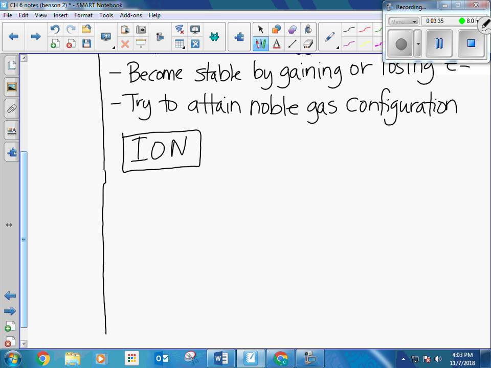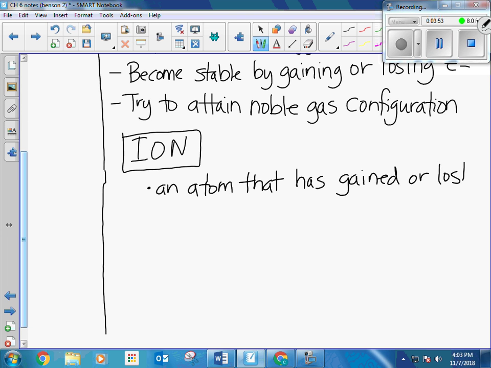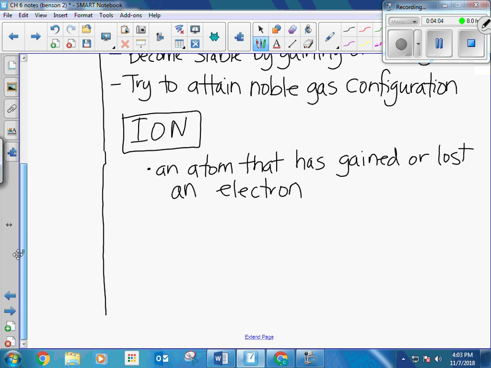Okay, so what's an ion? It's an atom that has gained or lost an electron, and when that happens, we have to remember that electrons are negative.